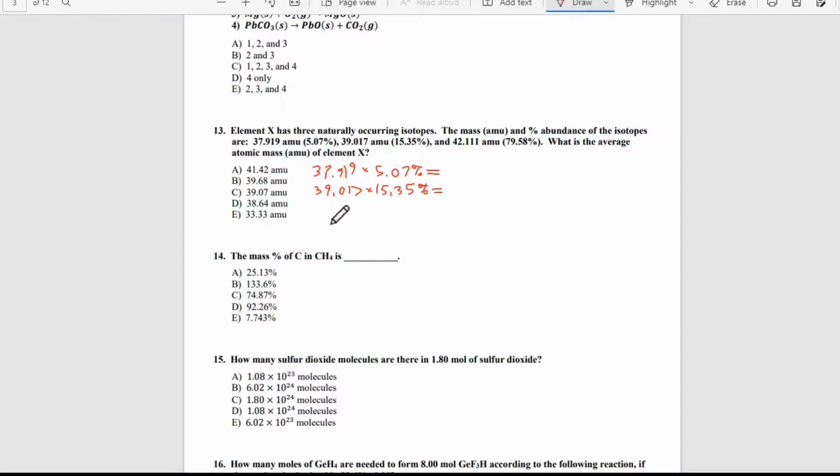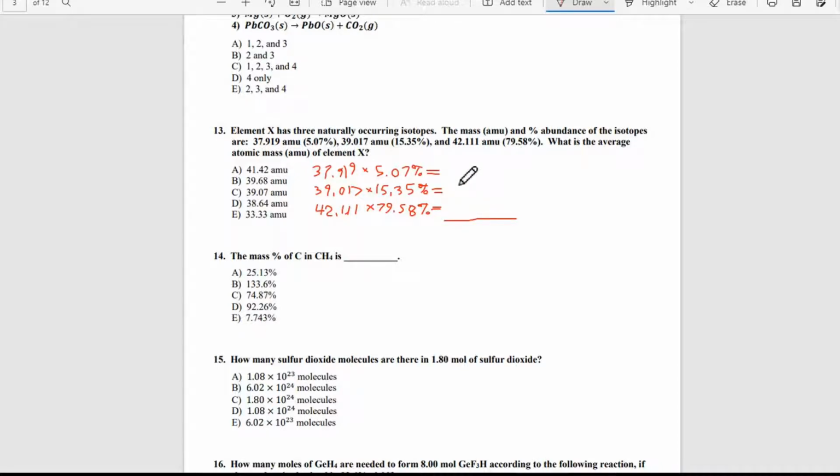And then I'm going to take the 42.111 and I'm going to multiply that times 79.58. So then you're going to multiply each of those. You're going to get 3 answers, and you're going to add them up. What do you get for your answers?